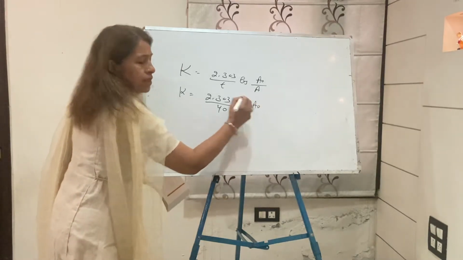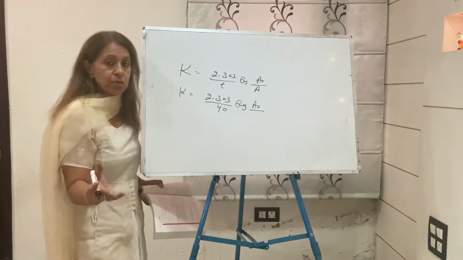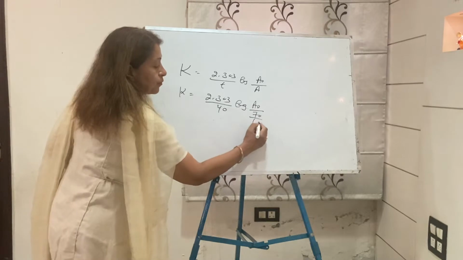You put here A naught, and here you put what is left. 30% decomposed, so always write what is left: 70% of A naught.